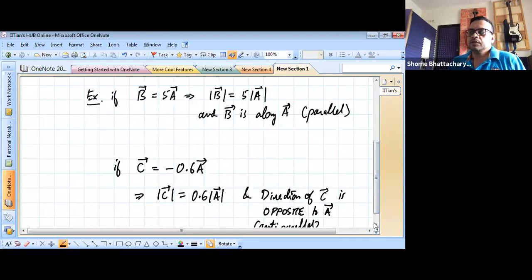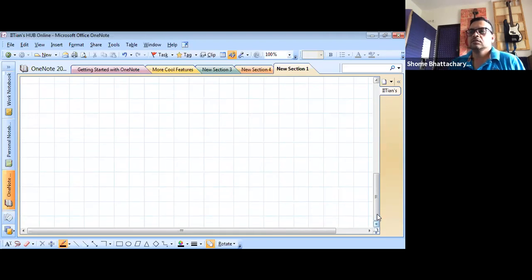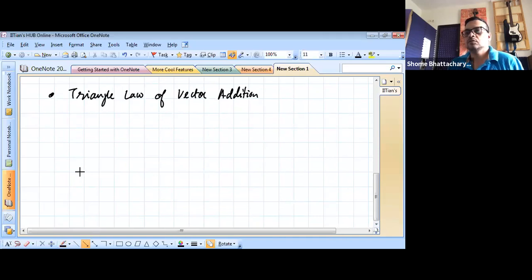Okay, then we went on to see the triangle law of vector addition. We saw that if, for example, we have two vectors represented by these kinds of arrows, such that the angle between them is this angle theta over here.